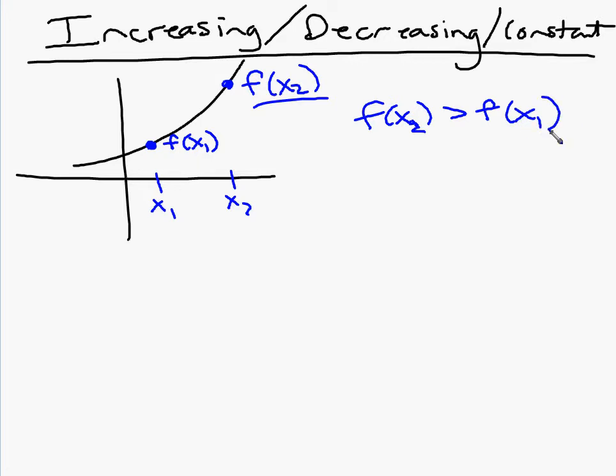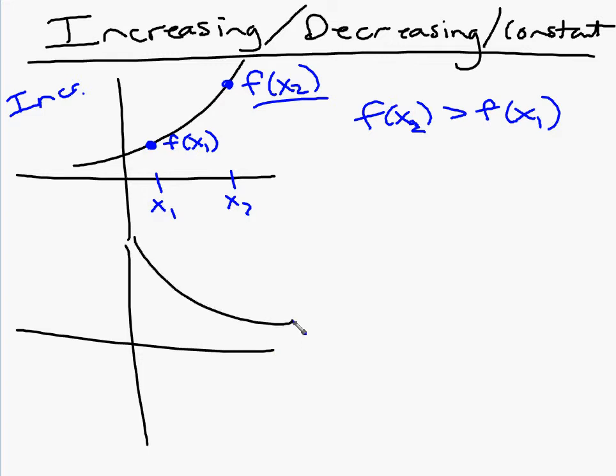F of x2 is greater than f of x1 if it's increasing. Okay, this is increasing. Obviously, if it's decreasing, it's the exact opposite. If it's decreasing, then I would say that f of x2 is less than f of x1. We don't have to put all our labels on there. We're saying the same things. Here's x2, here's x1.